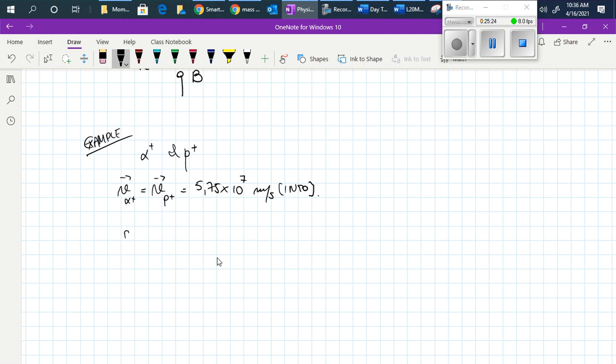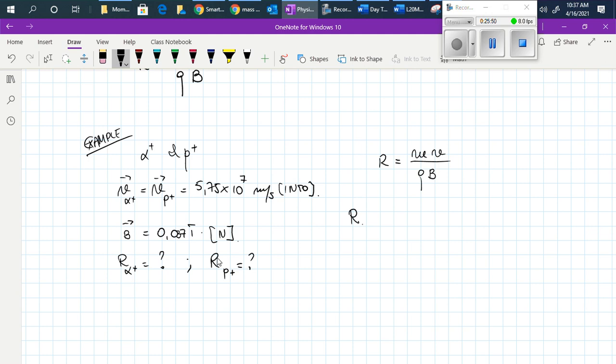And the magnetic field is 0.037 Tesla, going north. Okay. And we are looking for the radius of alpha and the radius of proton. So again, radius is mv over qb.